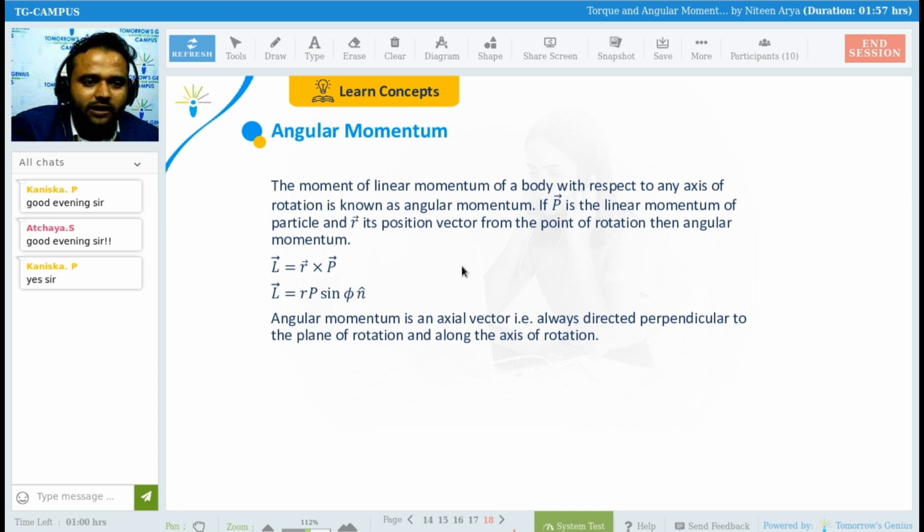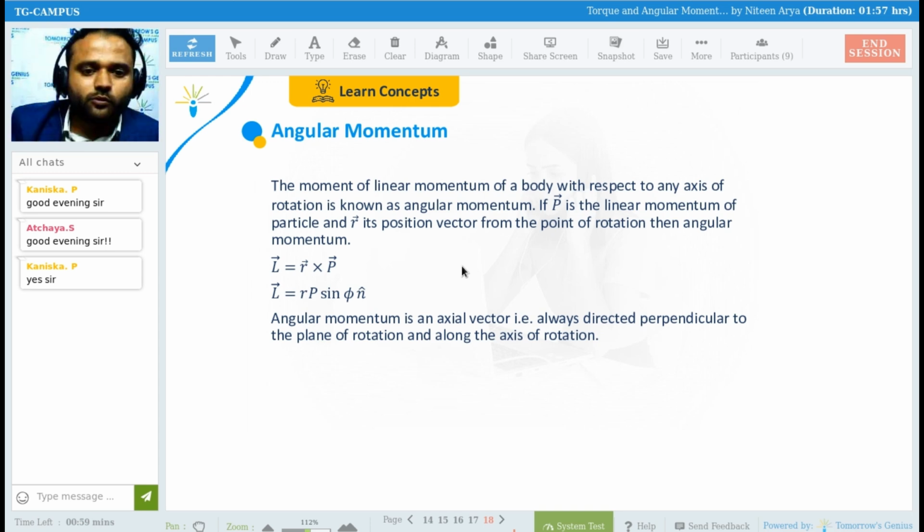In the same way we can get angular momentum. And angular momentum, what is it? The rotational momentum, we can say the momentum of an object in a rotational sense. That is almost done. I usually assign your class assessment and homework before the class, but today I was a little busy.